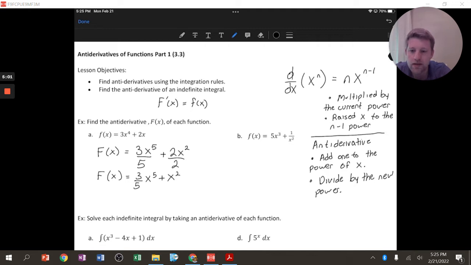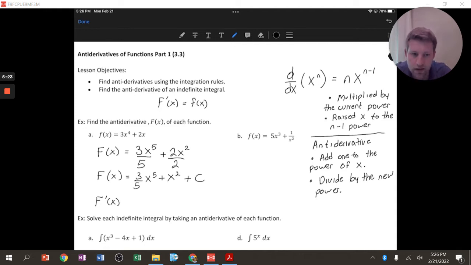This is one possible result for an antiderivative. Certainly we could have any constant we actually want on the end of this, and this would be a valid antiderivative. If we considered checking this, we can take this capital F prime and make sure that we get back to our original function.